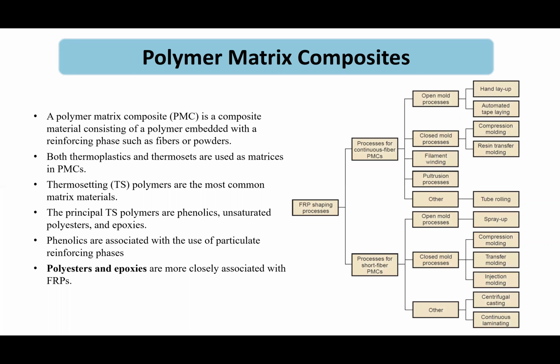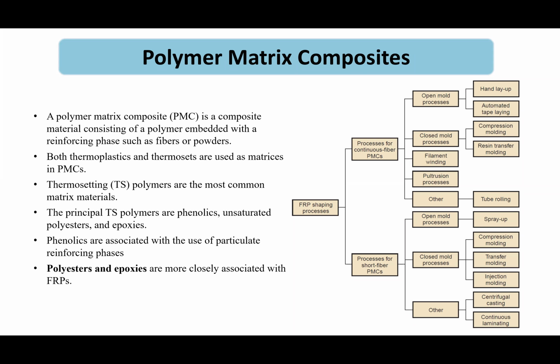Here is a diagram of how polymer matrix composites are made. Those processes can be distinguished into two categories. The first one is the processes for continuous fiber polymer matrix composite. That means if you want to use long fibers, for example jute fibers, then these are the processes we use for manufacturing composites.